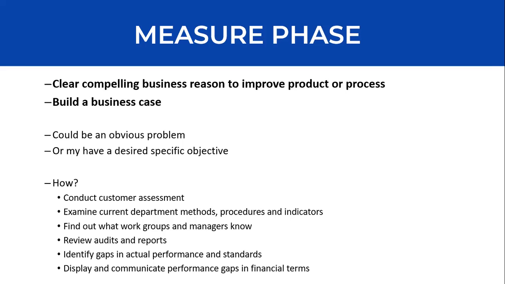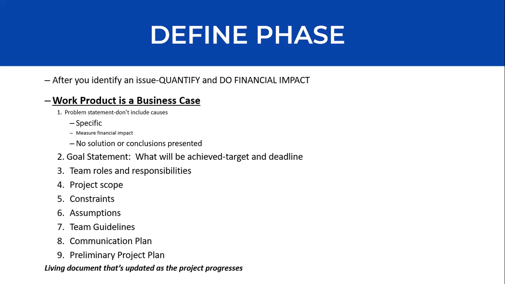Once you have this business case, and let's say senior management says, yes, it seems like a very important problem, please go ahead and fix it, the first thing you need to do is really measure what is going on. This is extremely important.